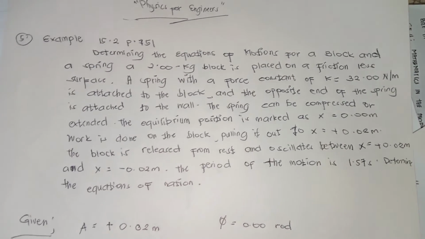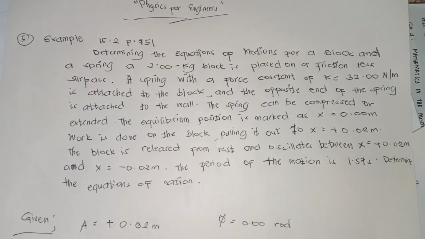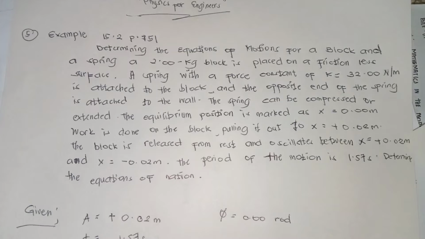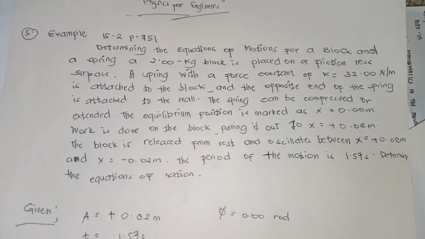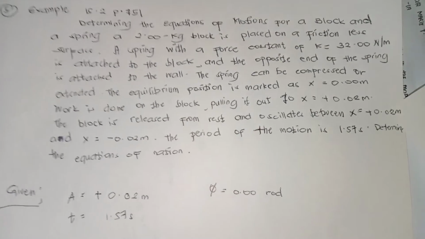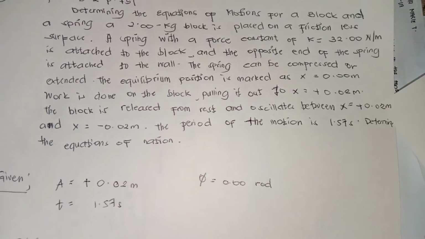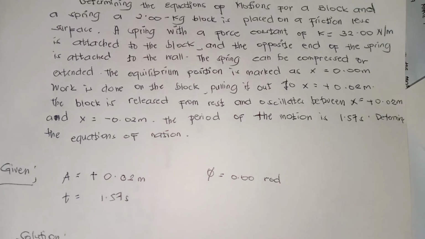A spring with a force constant of k equals 32.00 newtons per meter is attached to the block, and the opposite end of the spring is attached to the wall. The spring can be compressed or extended. The equilibrium position is marked as x equals 0.00 meter.